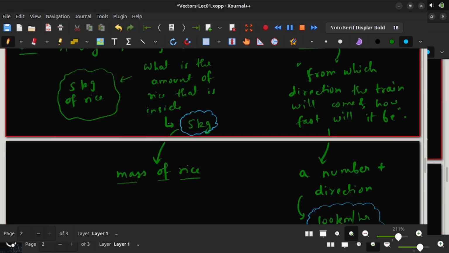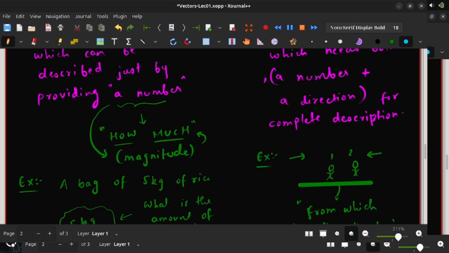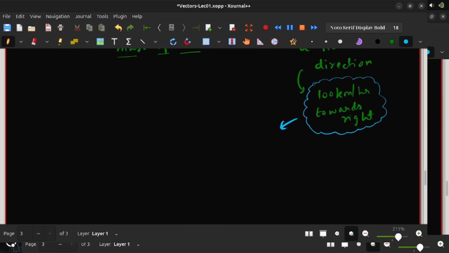This number is also called the how much. It tells me how much, and that is called the magnitude. I will write it here. By the way, this tells me about the velocity of the train.